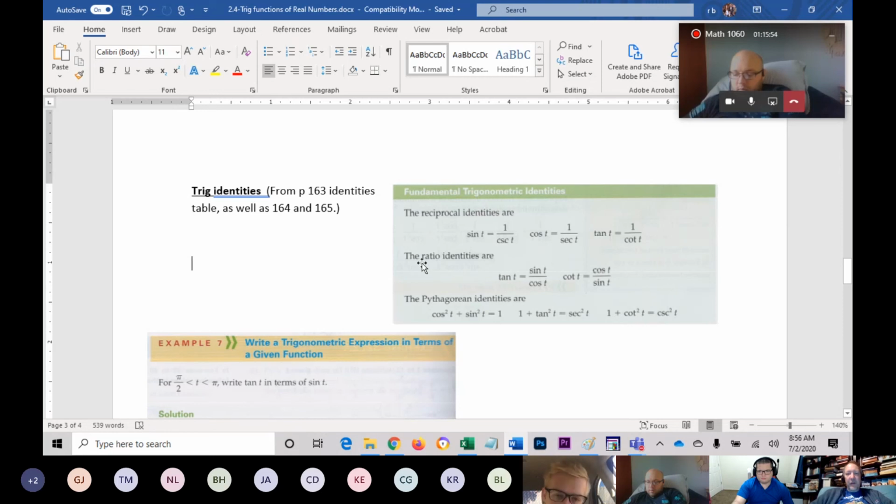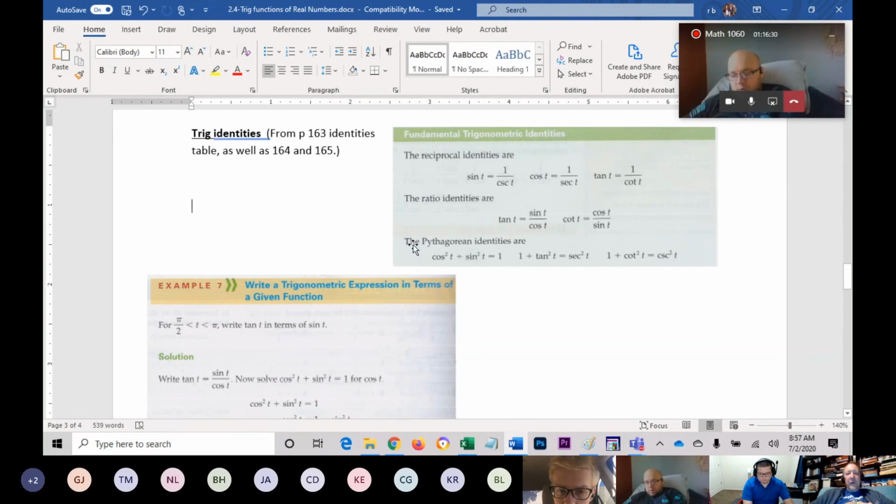Remember that especially in the unit circle, tangent is y over x. And since we're in the unit circle, we could write y as the sine of t and x as the cosine of t. So the tangent of t can be written as the sine of t over the cosine of t. And then conversely, by the same logic, the cotangent of t is the cosine of t over the sine of t.